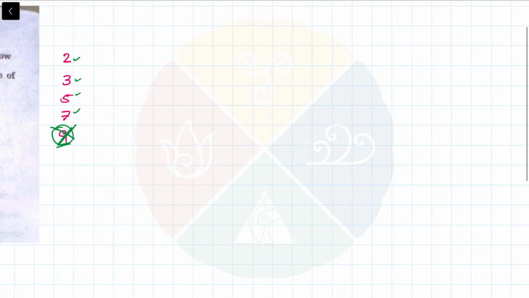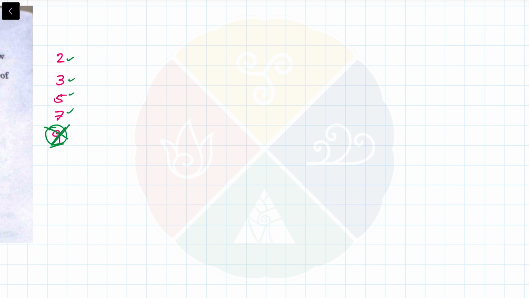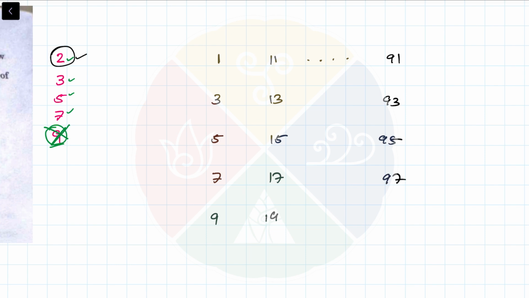Now, the easiest way to solve this problem without using any brain, just solving, is this. If we are looking for numbers which should not be divisible by 2, that basically means they should be odd numbers. So 1, 2 should not be there, 3, 5, 7, 9, 11, 13, 15, 17, 19, and it keeps on going, and the last row will be 91, 93, 95, 97 and 99.